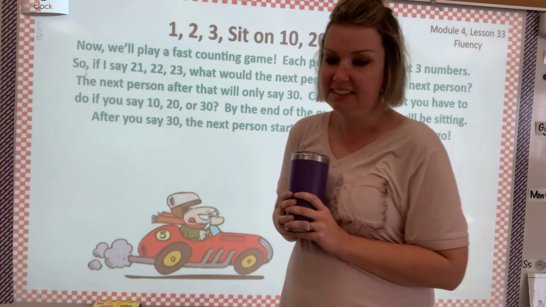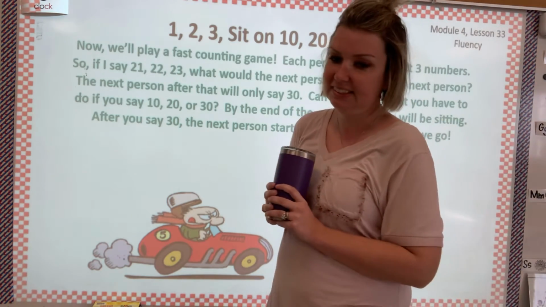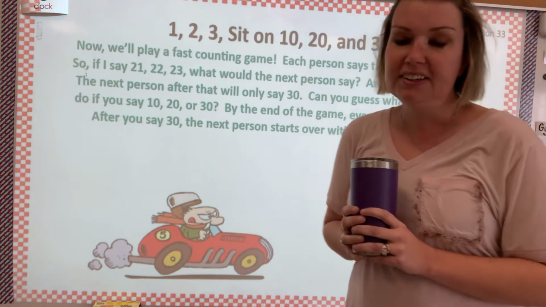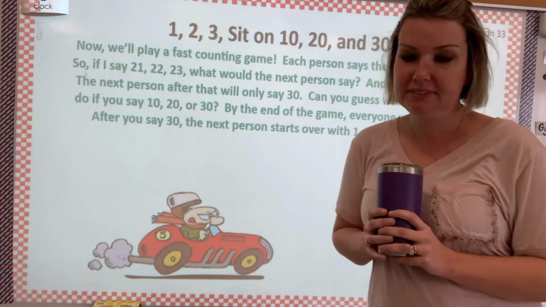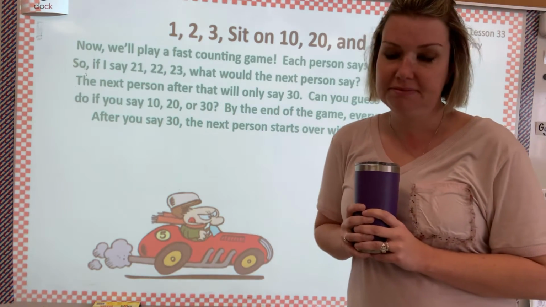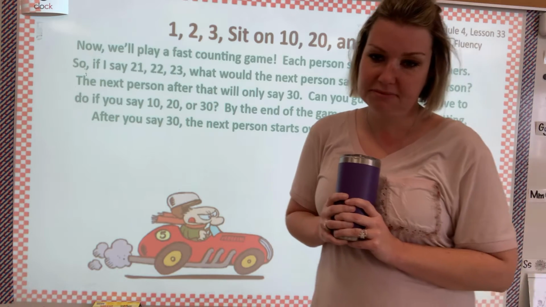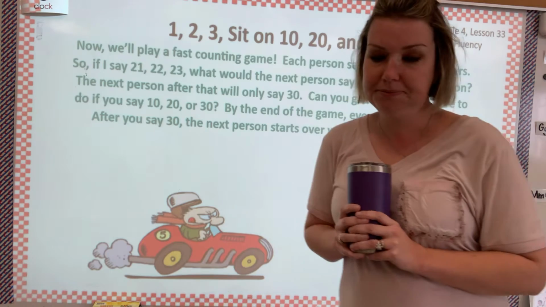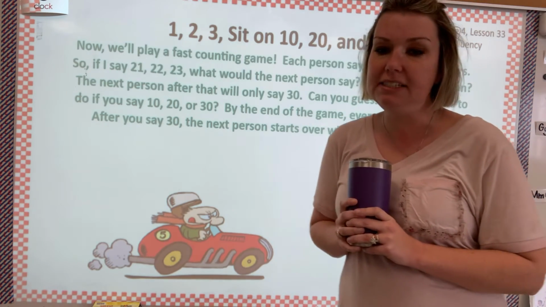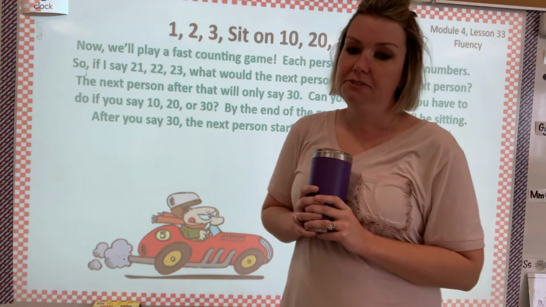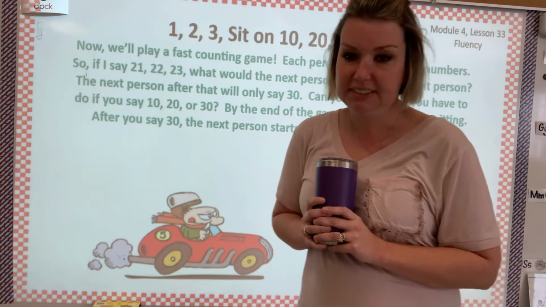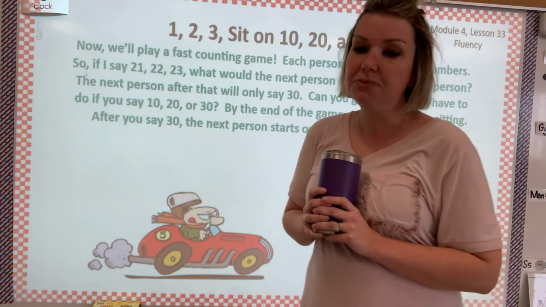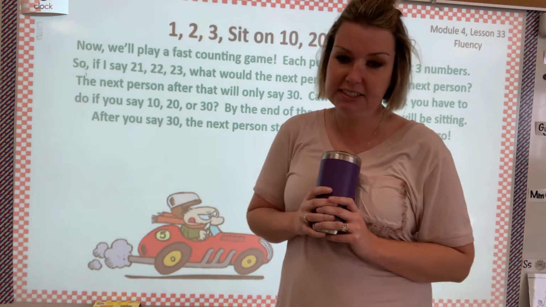Austin. 10. Austin sitting down. All right, Ryan. What comes after 10? 11, 12, 13. Good. Grant. What comes after 13? 14, 15, 16. Good. No, you had it right. 16. Russell, what comes after 16?